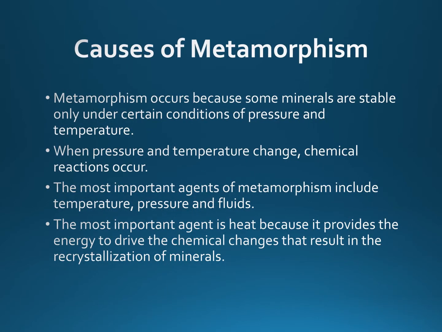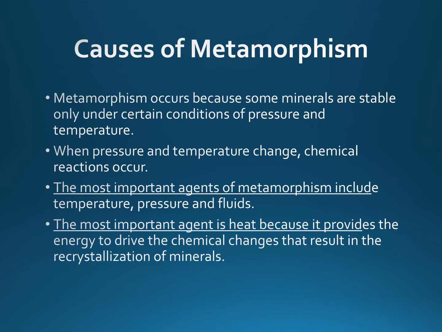Causes of metamorphism. Metamorphism occurs because of certain reasons. What are those? Let's have a look. Metamorphism occurs because some minerals are stable only under certain conditions of pressure and temperature. When pressure and temperature change, chemical reactions occur.